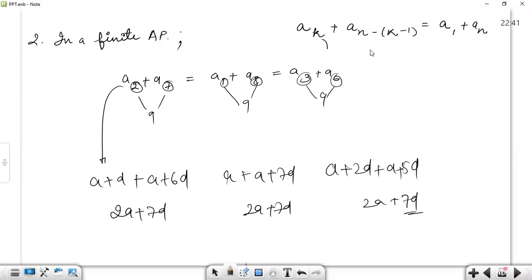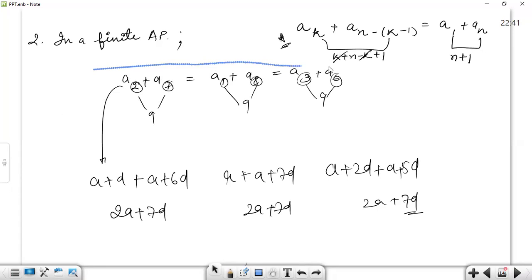Why? The sum between these two is k plus n minus k plus 1. So basically the sum is n plus 1 here. The sum here is also n plus 1. This is one generalized form. You can learn this from this example also. Basically, you have to remember what the conclusion is. Clear? Any doubts? No, sir.